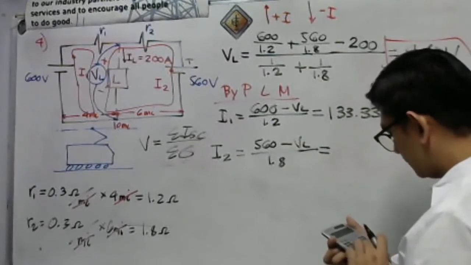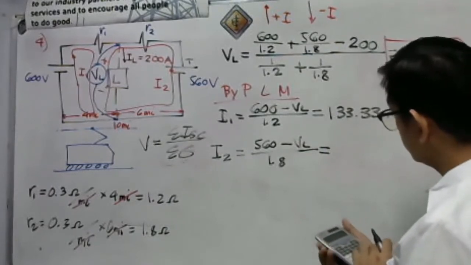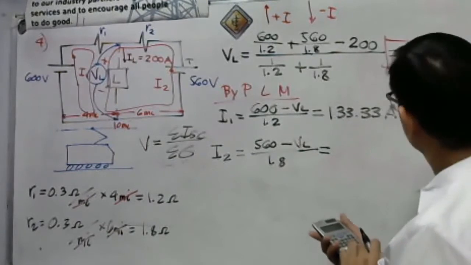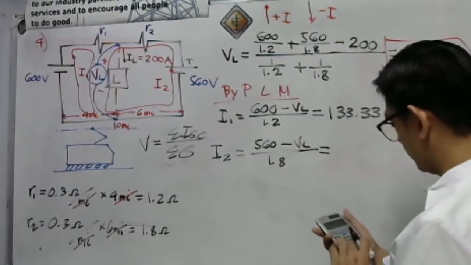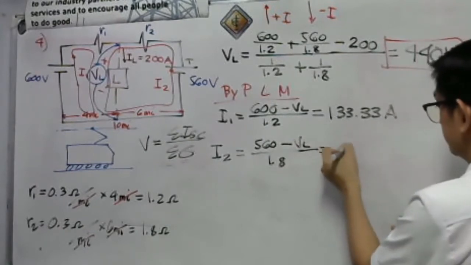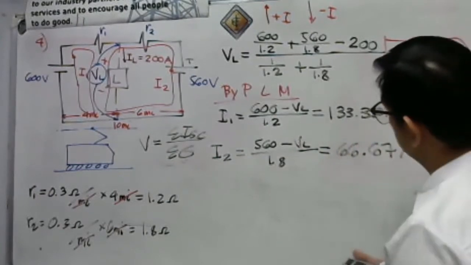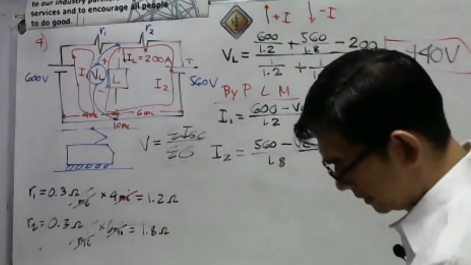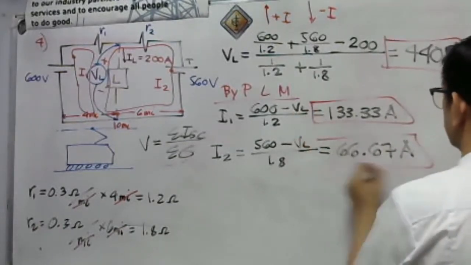So we have here 560, then minus 440, then divided by 1.8. So that will be equal to 66.67 amperes. That is the answer for I1 and for I2.